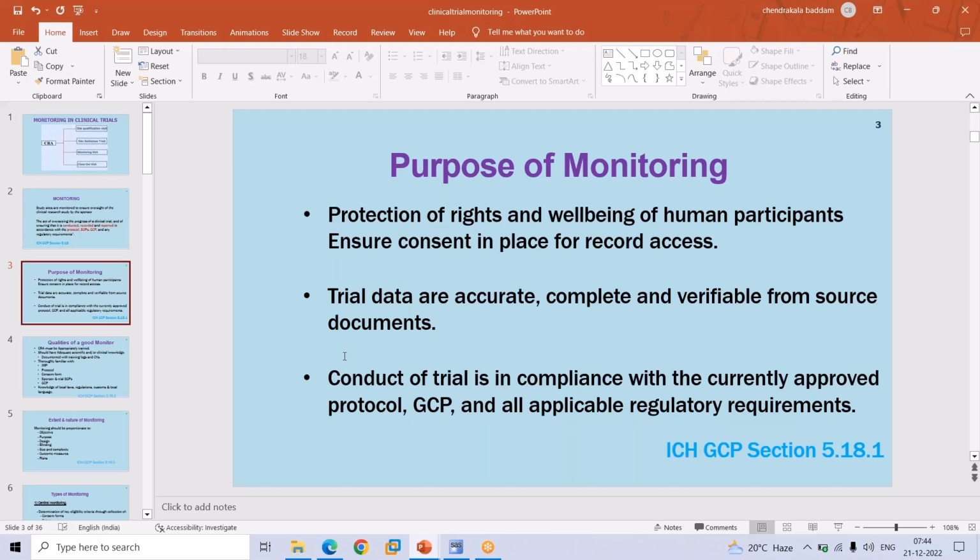Also, the overall conduct of the clinical trial is as per the protocol, GCP, and applicable regulatory requirements. So by monitoring the study, we'll ensure these 3 points: patient safety, data is accurate, complete, and verifiable from the source documents, and conduct of the clinical trial is in compliance with the applicable regulations.